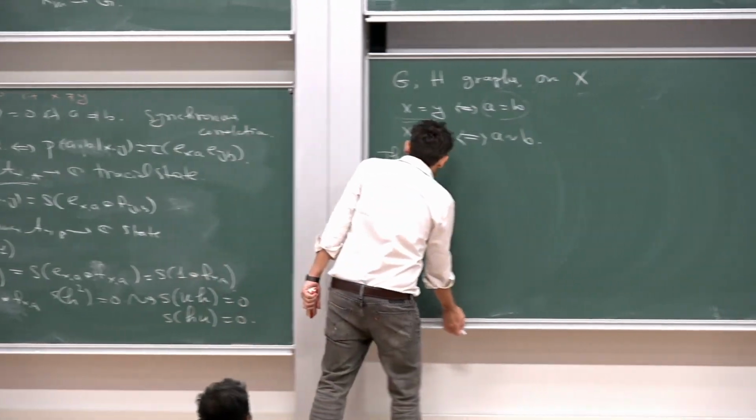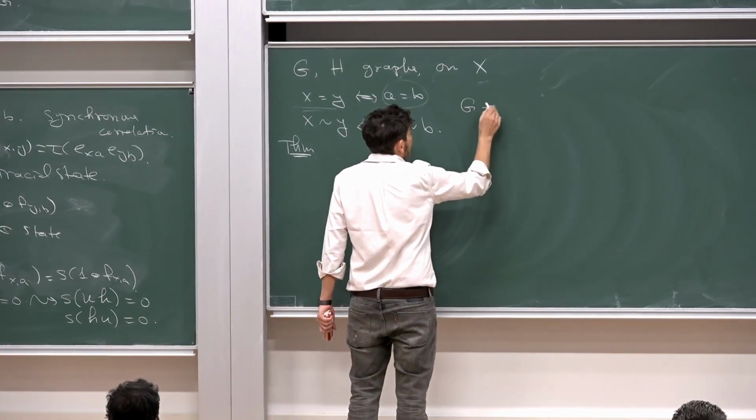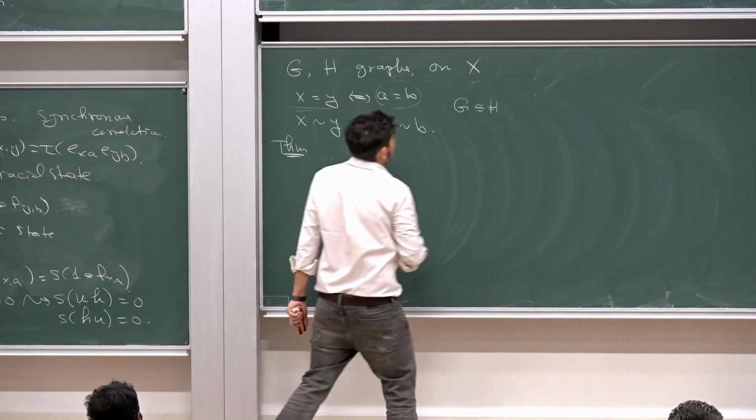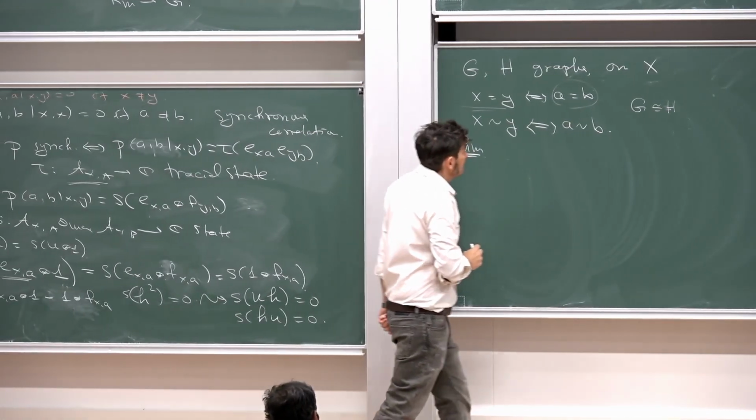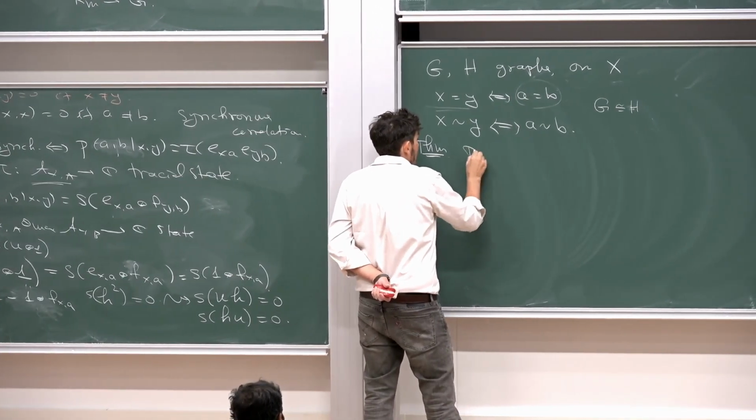Right, so the theorem is that, so this is the graph isomorphism game, let's call it G isomorphic to H. So this is the game.